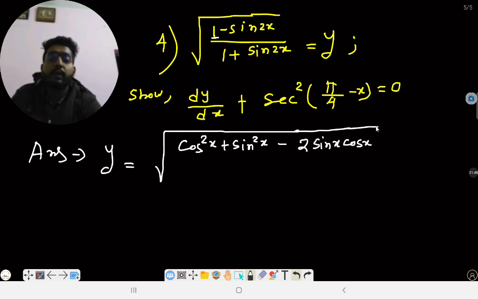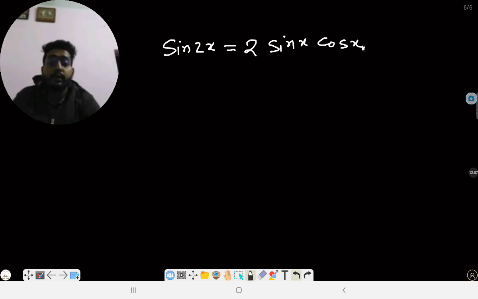So you have to remember some formulas. Some basic formulas of trigonometry will be needed. So what is the formula? I'm just writing the formula. Just remember those formulas. So first formula is sine 2x. This is a very important one. 2 sine x cos x. This is sine 2x. Next important one is 1 plus cos 2x.